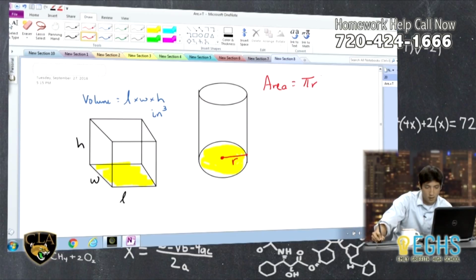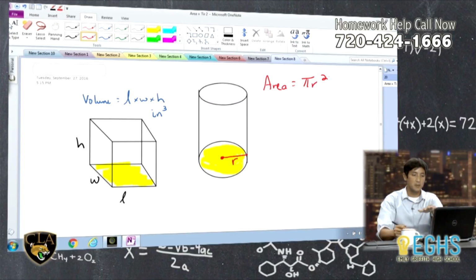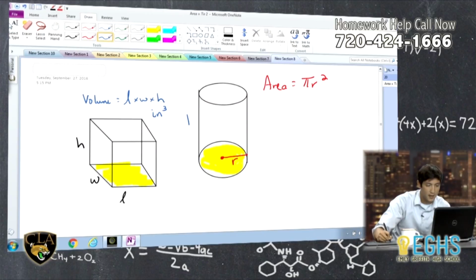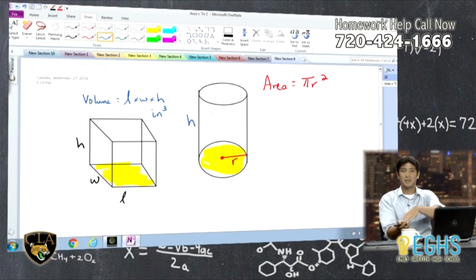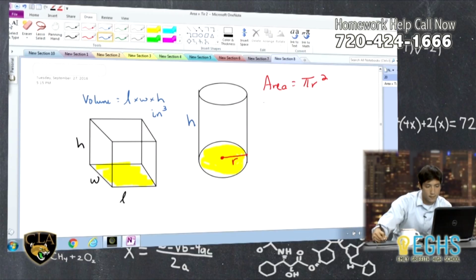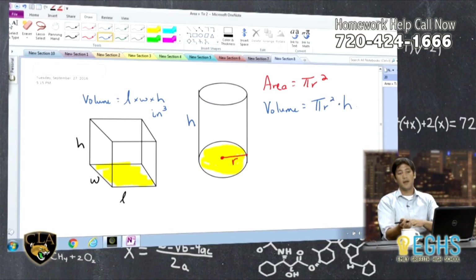That's going to give me the area of that bottom circle piece. But we have to consider this third dimension of the height here, right? Because we're just stacking those circles all the way up. So when we have volume, we look at the area, pi r squared, and then multiply it by that other dimension. Think like I have some number of circles stacked on top.